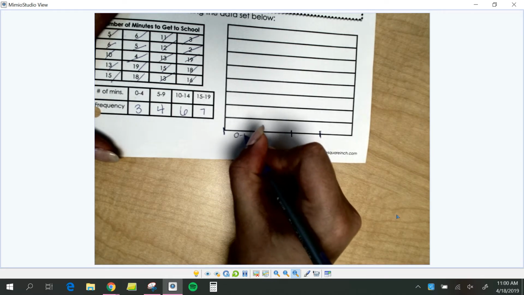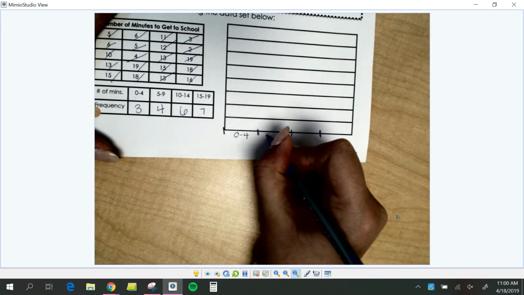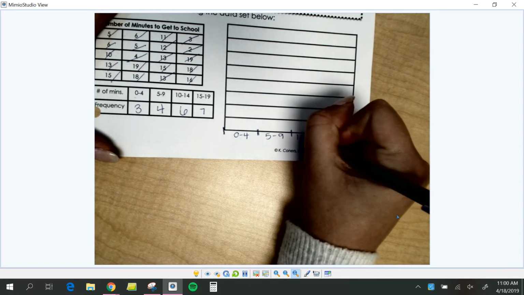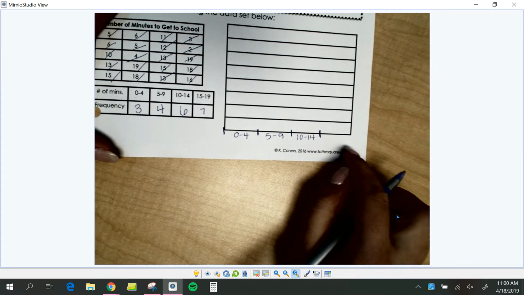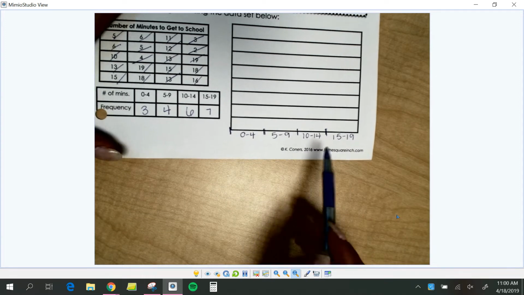So my first group is going to be 0 through 4. My second group is going to be 5 through 9. My third group is going to be 10 through 14. And my last group is 15 through 19. And I have to specify what these are. And it tells me right here, this is number of minutes.